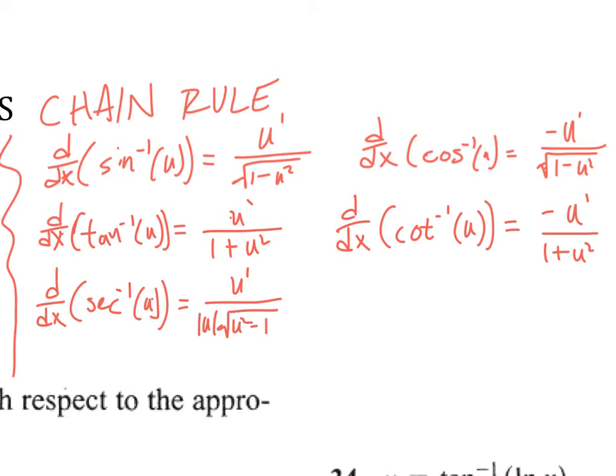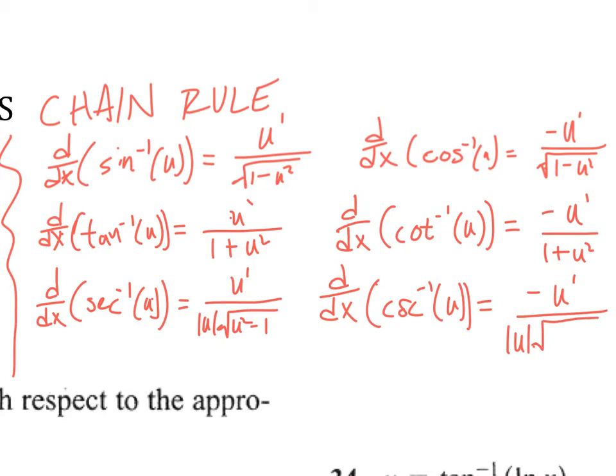And if I take the derivative with respect to x of, say, cosecant inverse of some function u, then that's going to give us negative u prime over the absolute value of u times the square root of u squared minus 1. So those are the rules that we have.